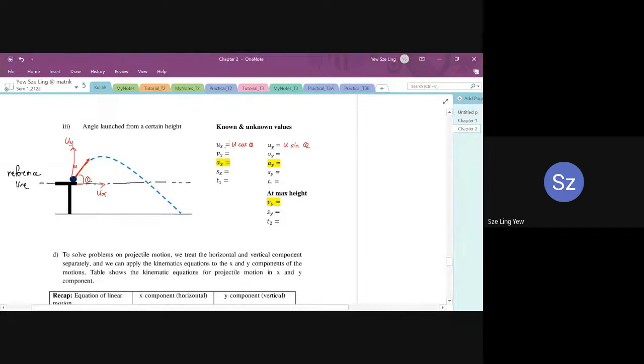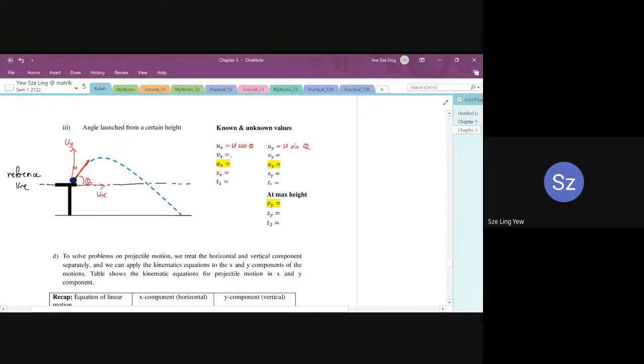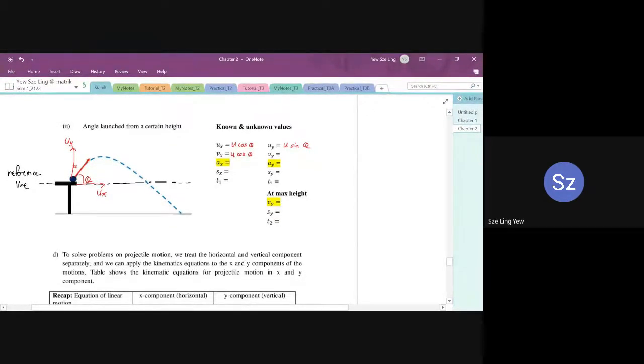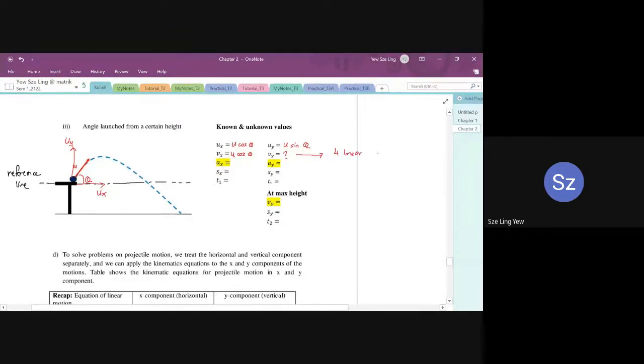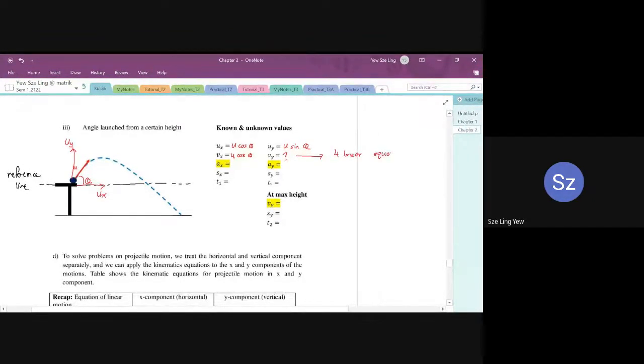And then how about vx? Again, for the x component, we say the object is moving with constant velocity, so vx is also equal to u cos theta. vy is an unknown, which you have to solve using the SUVAT equations.